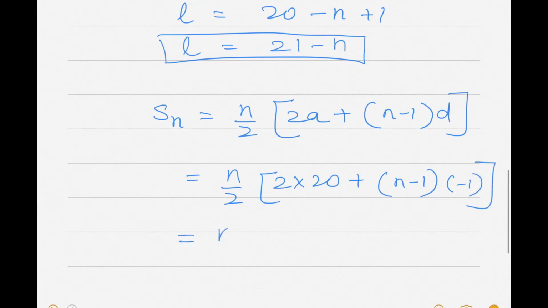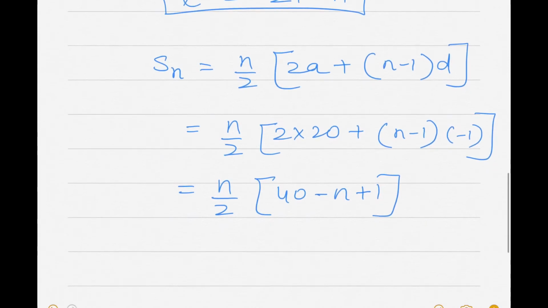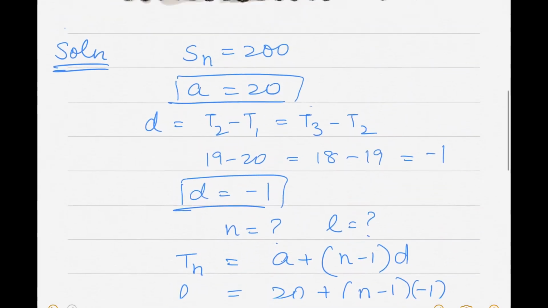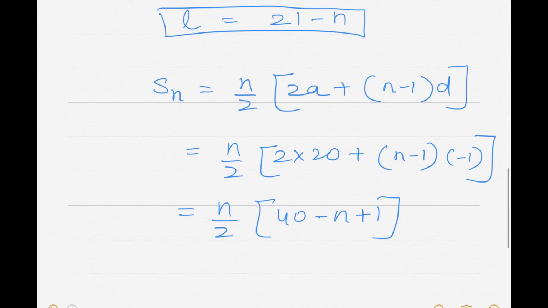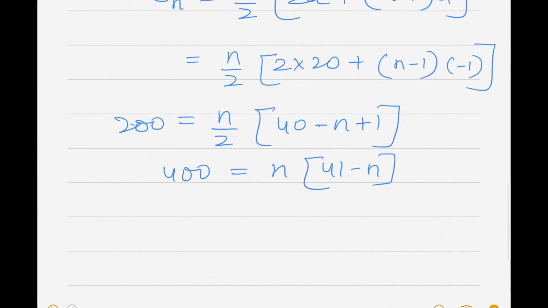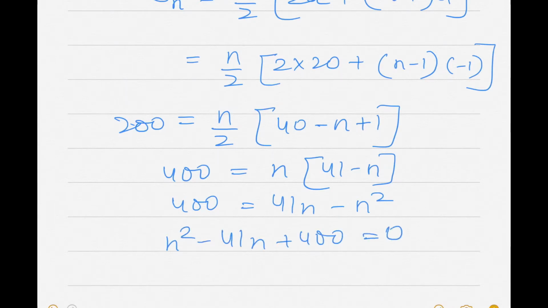This is equal to n by 2 into 40 minus n plus 1, which is Sn, and Sn is 200. So now this becomes 400 is equal to n into 41 minus n, so 400 is equal to 41n minus n square. I can bring everything on the left hand side: n square minus 41n plus 400 is equal to 0.